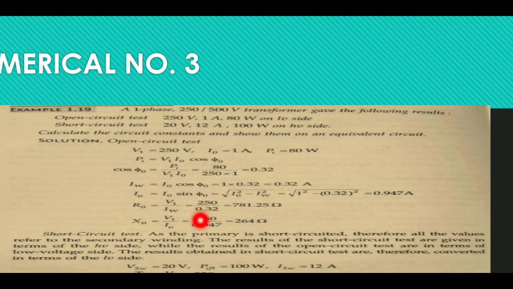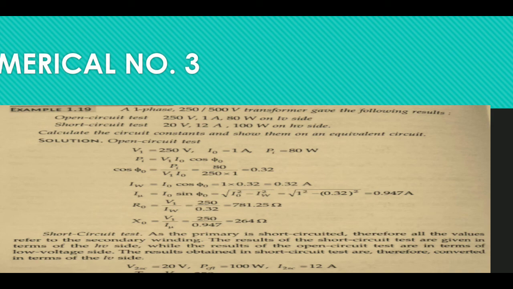R0 is the resistance of the core, through which the IW current flows. So R0 equals V1 by IW, and through the reactance the I mu current flows, so X0 equals V1 by I mu, equals 264 ohm. So the value of R0 is 781.25 ohm and the value of X0 is 264 ohm.